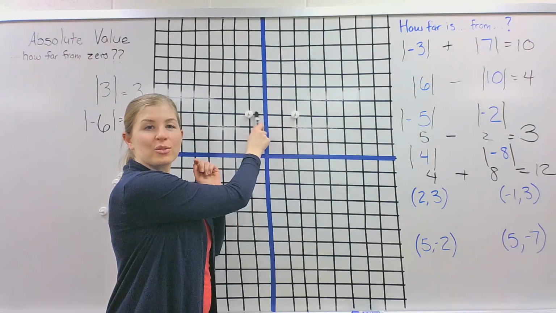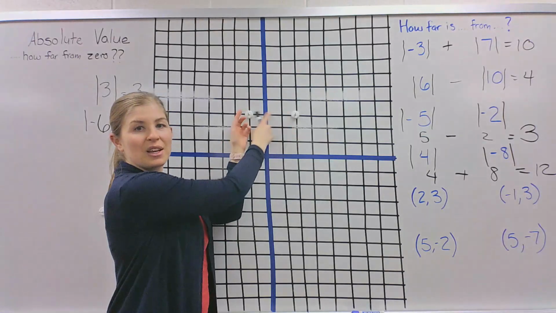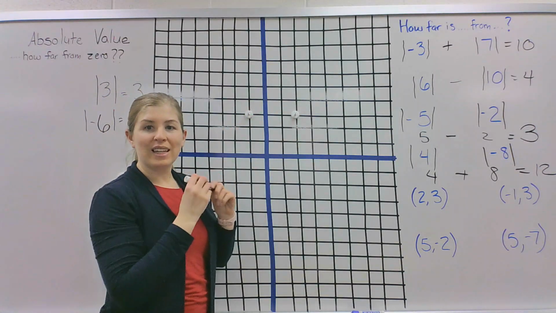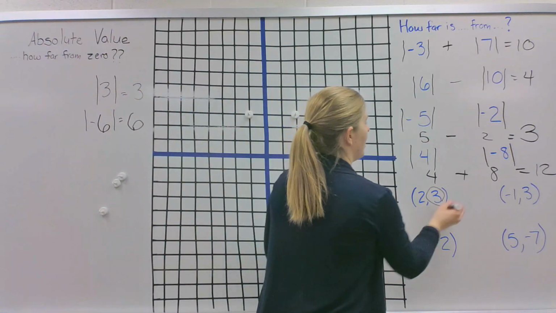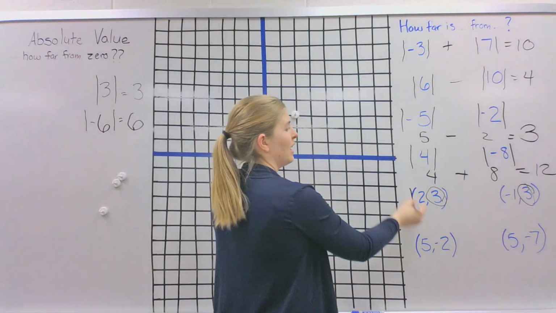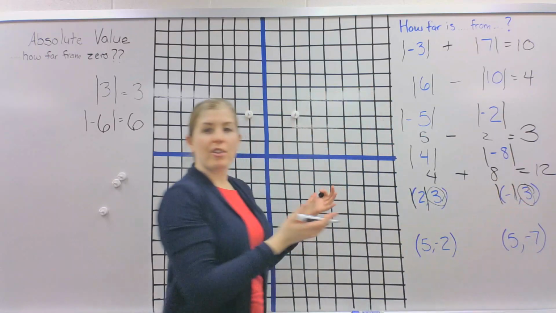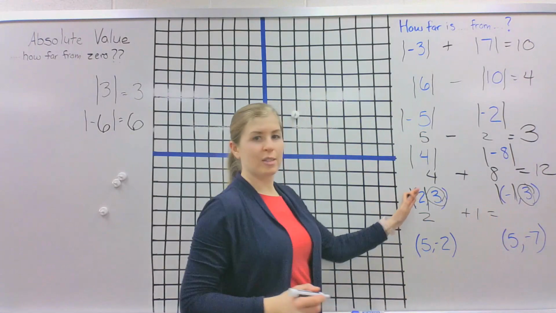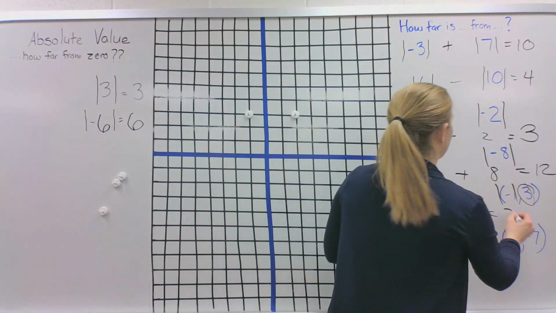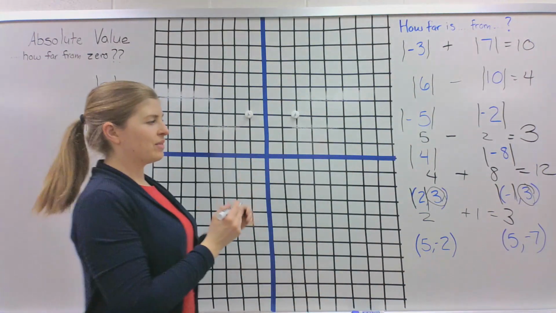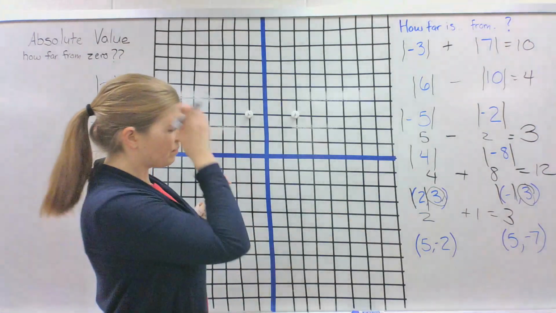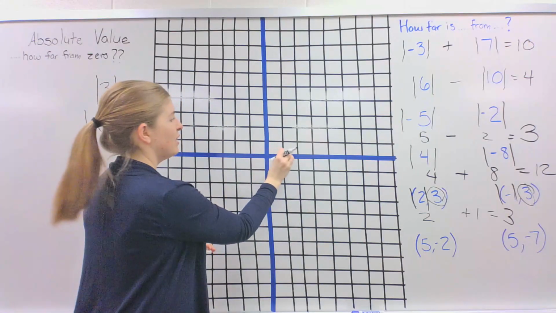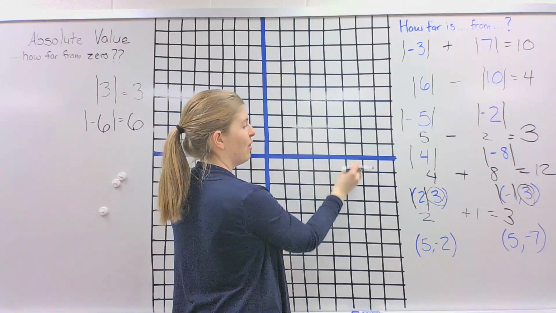They're on the same line, so we would just count that distance. We would find how far away they are from 0, and we could add those together. Since the y numbers are the same, we just find the absolute value of the x numbers. So this would be 2 and 1. This is positive, that's negative, so we'd add them together. That gives us 3.